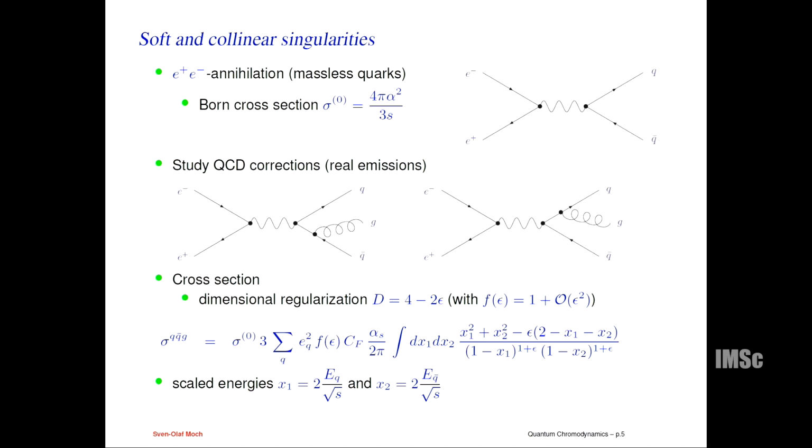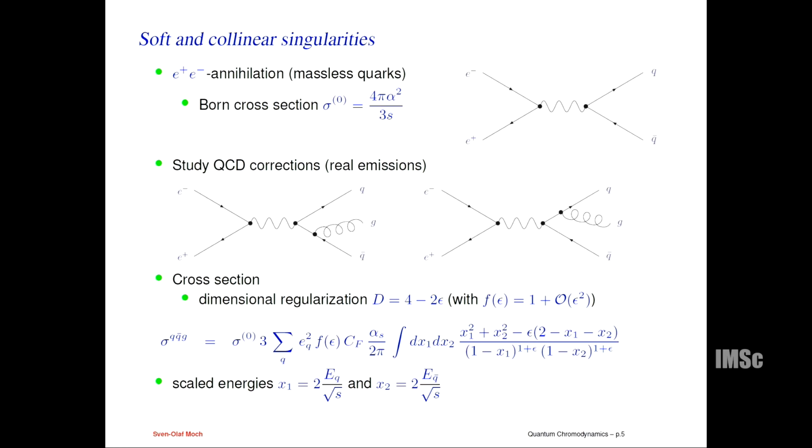Now 0 is not a problem, but 1 is a problem, because if x1 goes to 1 here, then you see I have a divergence in the expression. And working in d dimensions helps me to regularize this divergence.